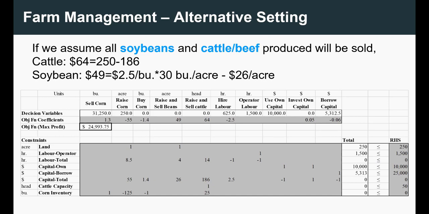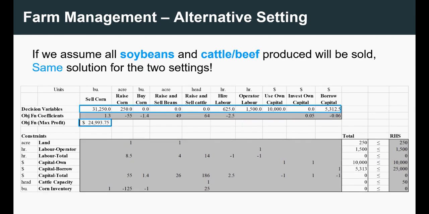This setting is a little bit cleaner, but you just have to be aware that if you change your activities, you have to change your coefficients most of the time.